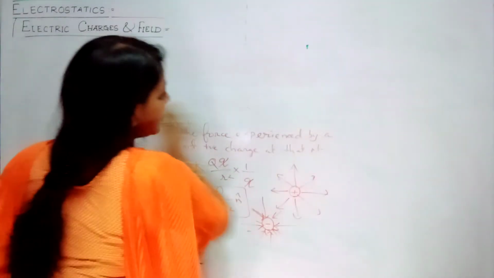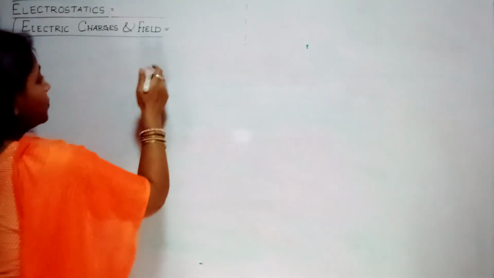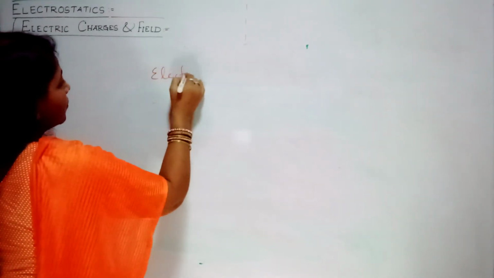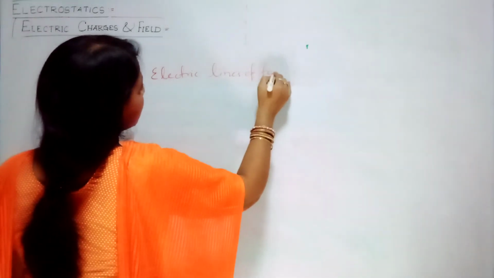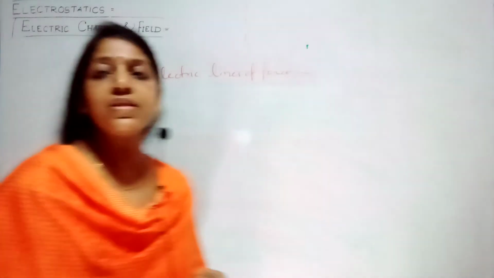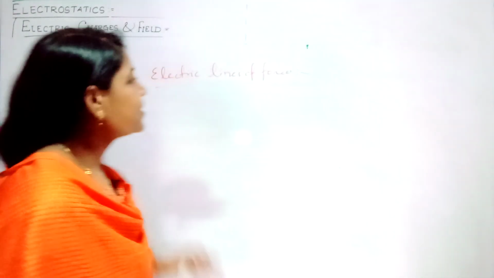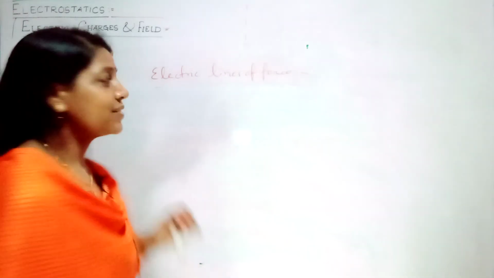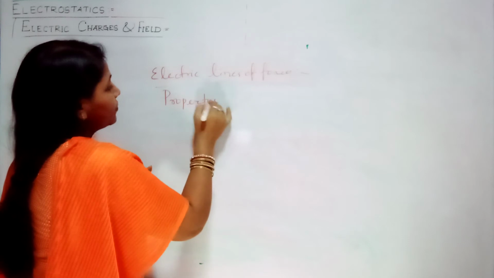Make a note of it. Electric lines of force. The important properties. It is always asked in board exams for 3 marks. So let us see the properties. Make the heading: electric lines of force properties.